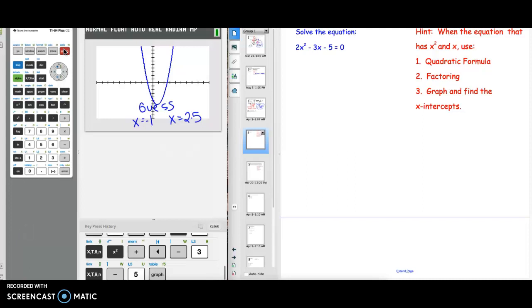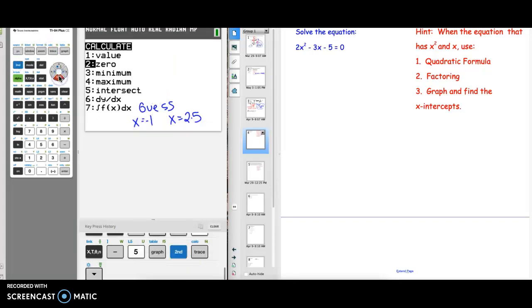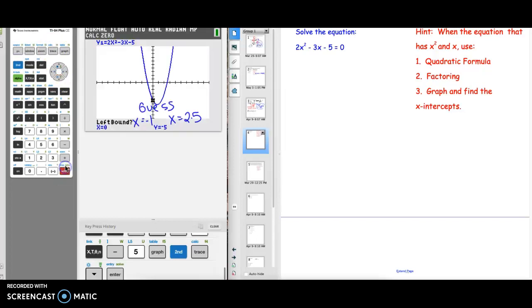If you wanted to actually calculate it, if there were 2 options that were close, I go second trace. I'm going to calculate the 0, when the equation equals 0. And instead of typing in numbers, you can move the cursor. It says left bound, so I pick a point to the left of what I'm looking for, and then to the right, and then I'm going to make a guess.